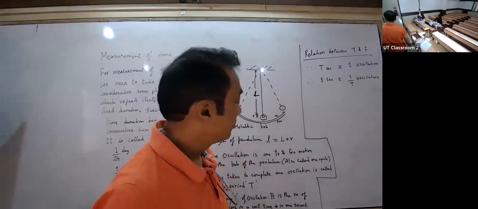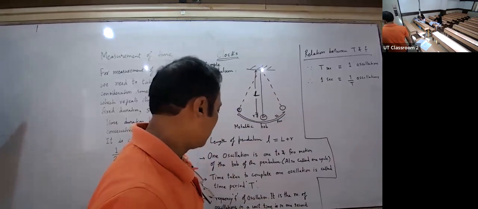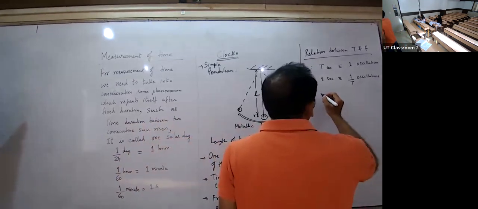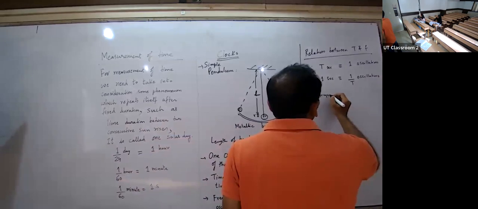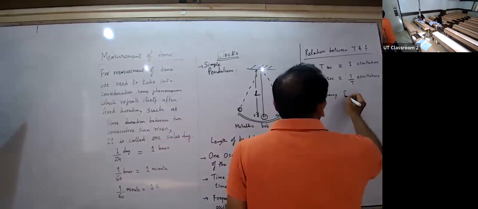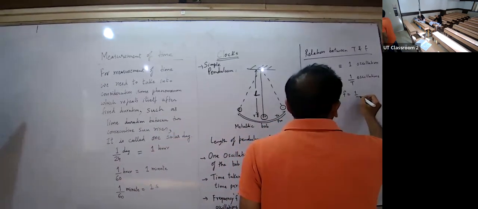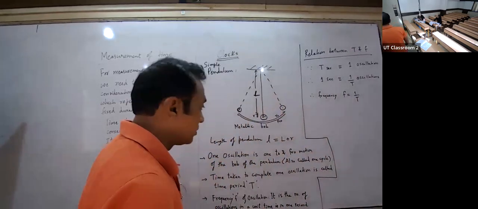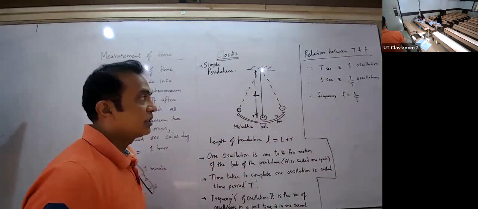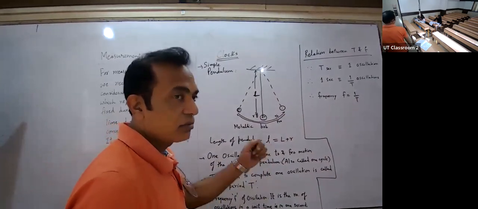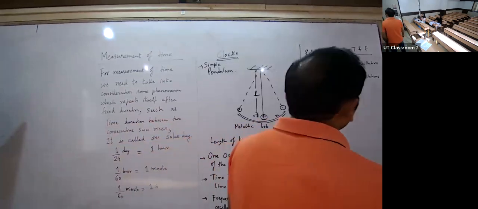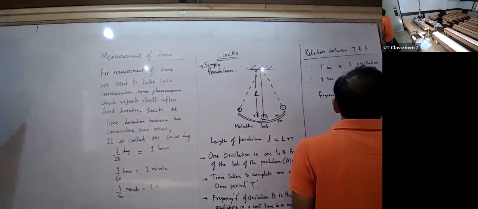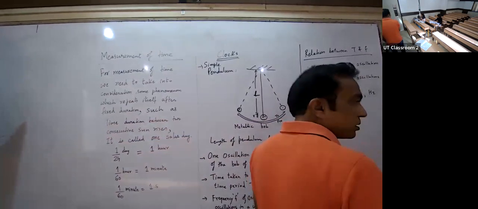But this is nothing but frequency, because it is the number of oscillations in 1 second. Therefore frequency f is equal to 1 by T. The number of oscillations taking place in 1 second is 1 by T, so it must be frequency, right? Then the unit of frequency is hertz.